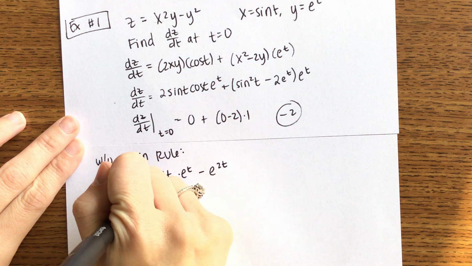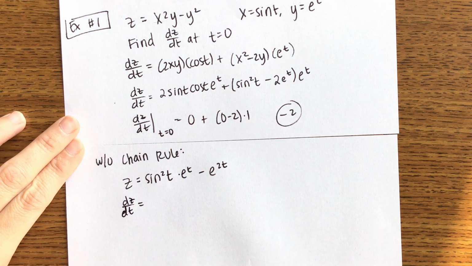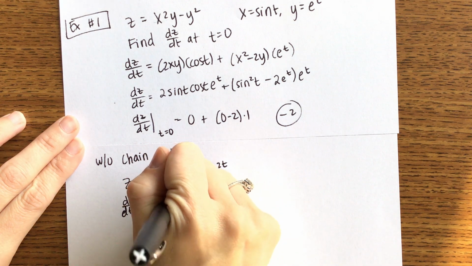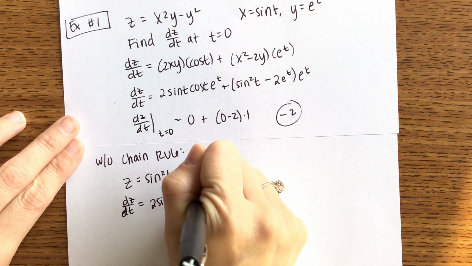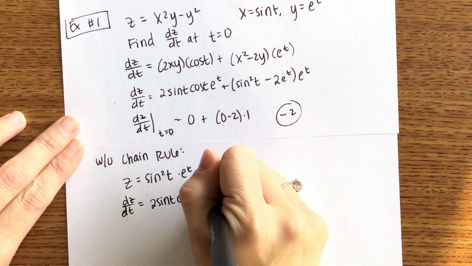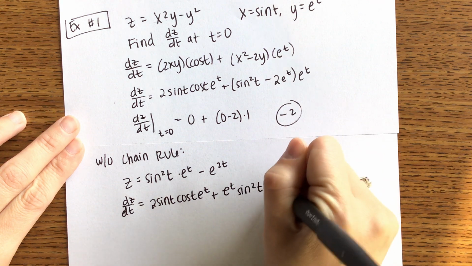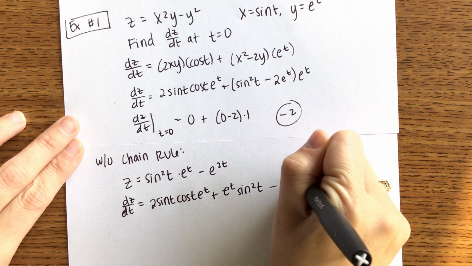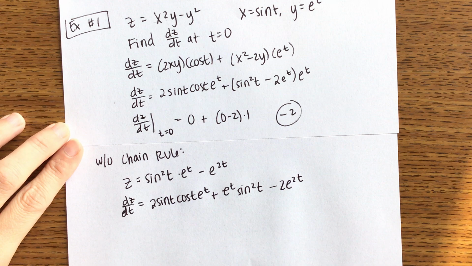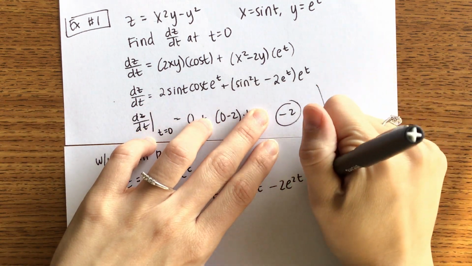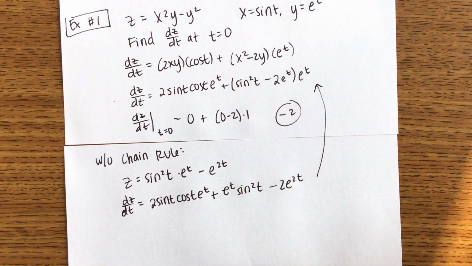And then you would just differentiate this like normal. Derivative of sine squared is 2 sine of t cosine of t, e to the t, and then plus e to the t sine squared of t minus 2e to the 2t, which is exactly the same as what we got using the chain rule.